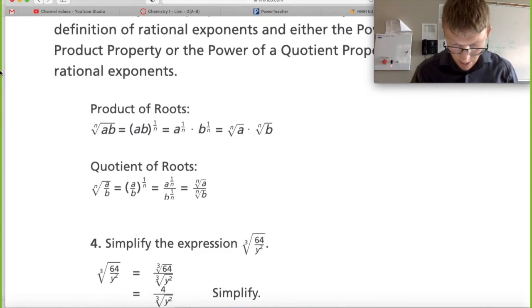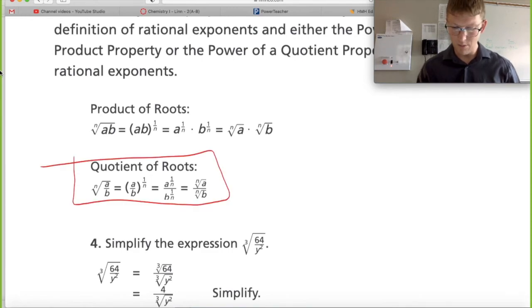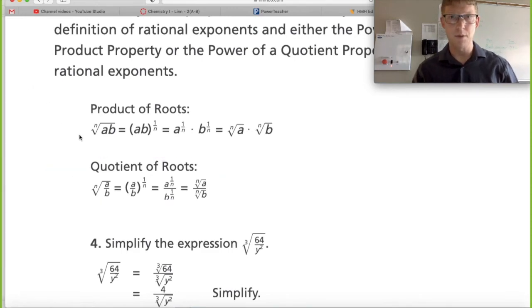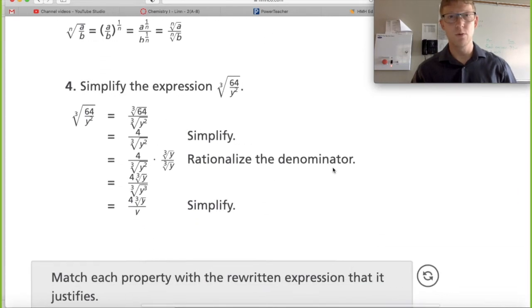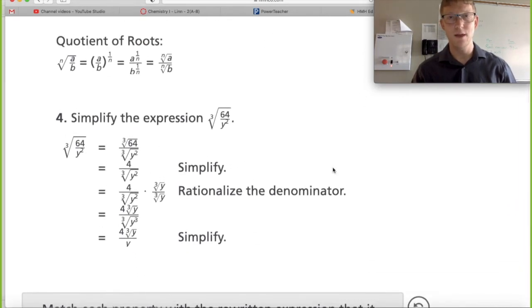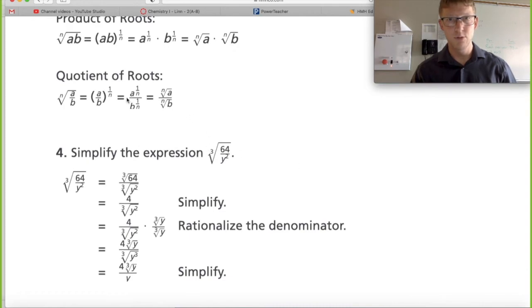So then using our product properties, we can split that up, and then we can turn it back into the nth root. And then this is kind of sort of the same thing. I'm not going to go through it all with you. So an example, though, would be simplify the expression cubed root of 64 over y squared.